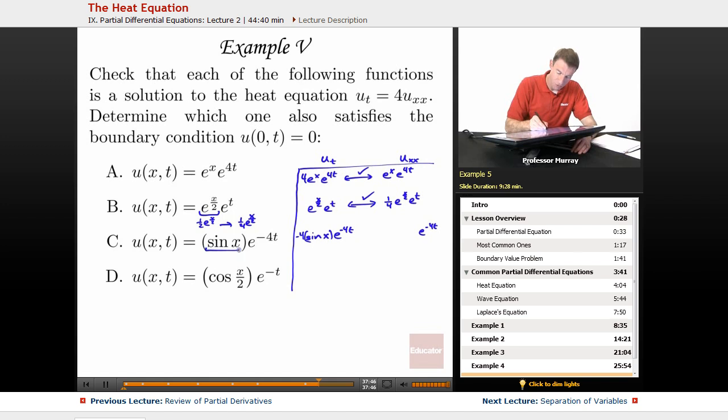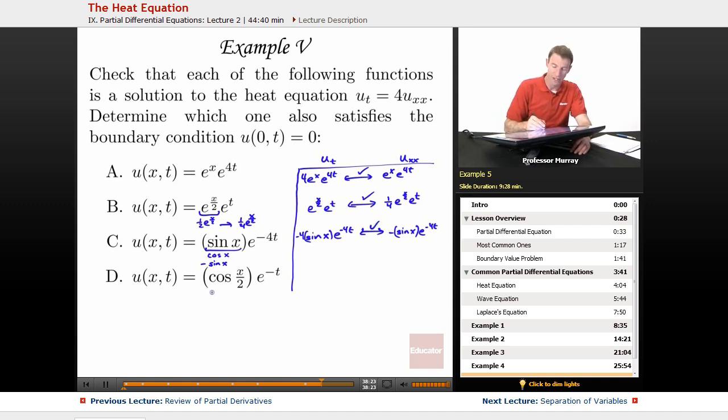But sine x, the first derivative is cosine x, and the second derivative is negative sine x, since the derivative of cosine is negative sine x. And so we get negative sine x e to the negative 4t. If we look at both sides, the left-hand side is exactly 4 times the right-hand side. So again, u sub t is 4 times u sub xx, so we do have a solution to the partial differential equation.